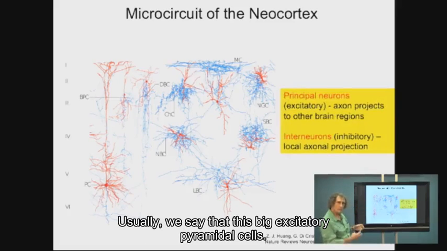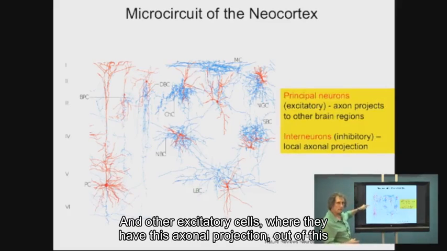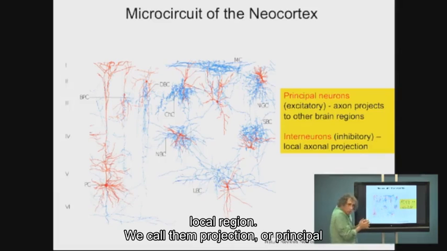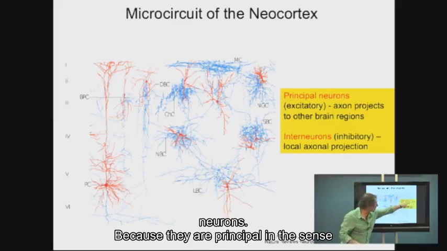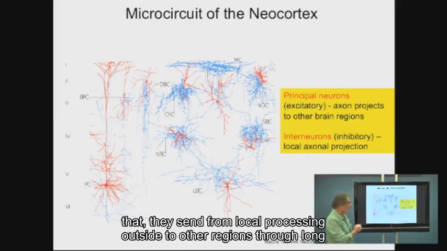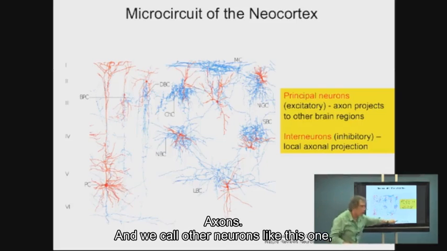Usually we say that these big excitatory pyramidal cells and other excitatory cells, where they have this axonal projection out of this local region, we call them projection or principal neurons, because they are principal in the sense that they send the result of local processing to other regions through long axons.